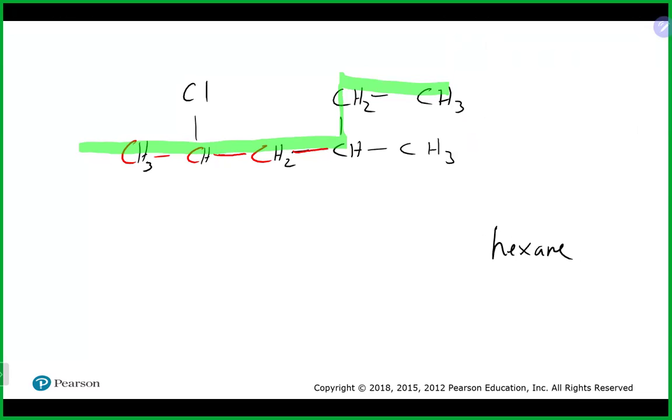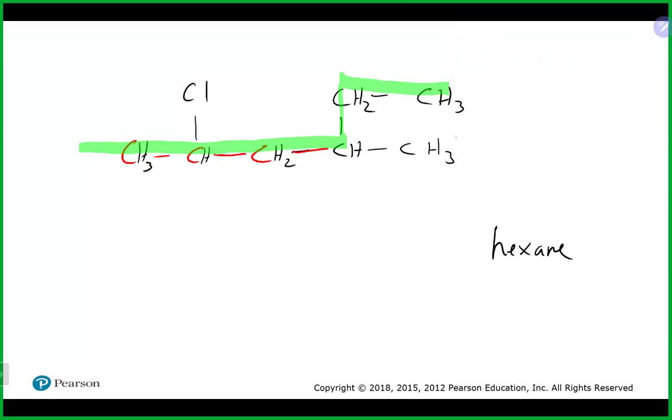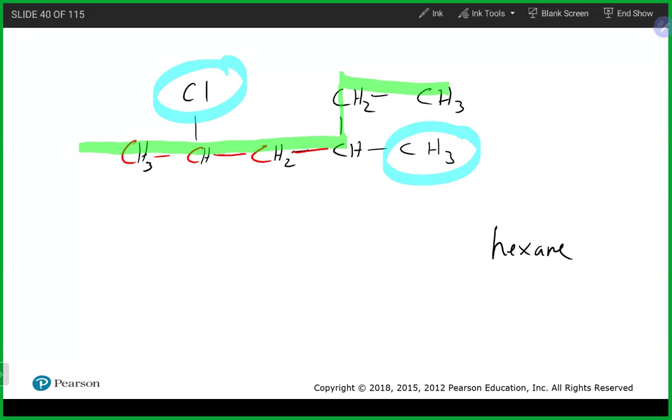Now, there are a couple of things on this that are not part of that chain. We have this guy right there, and we also have this guy right there. Those are groups that are attached to this, and those groups are going to have some names.